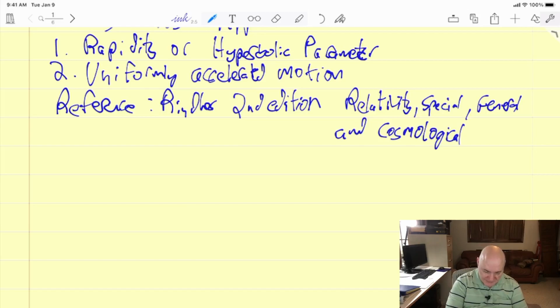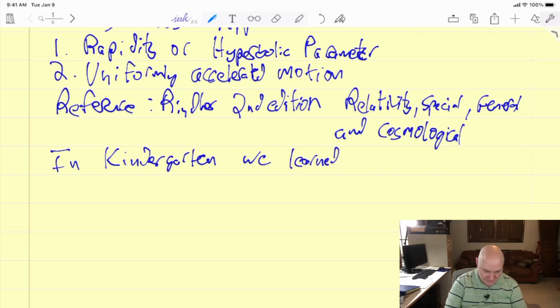So in kindergarten, we learned the equations for a boost in special relativity.